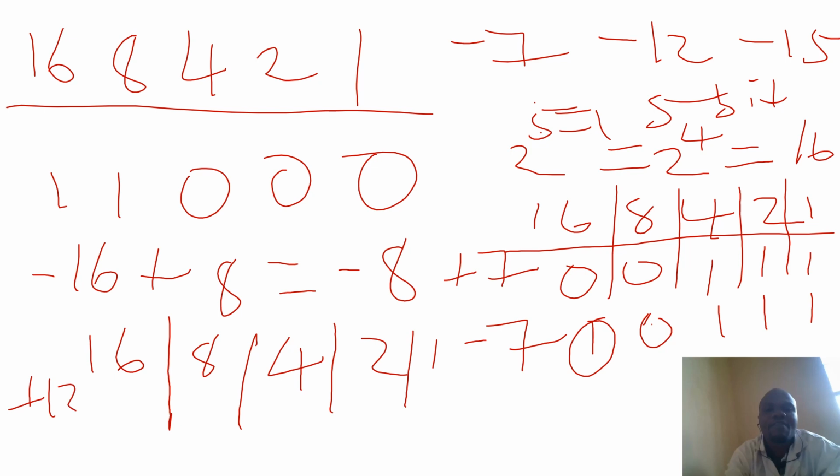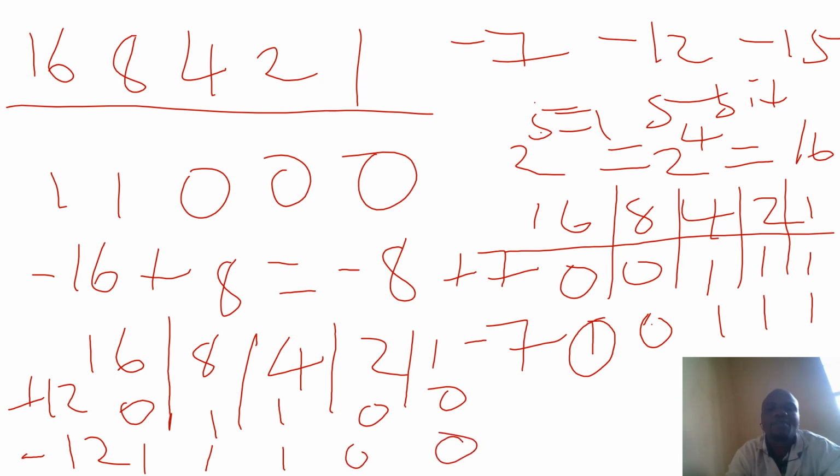We need to have 8 and 4. So here we have 1, 1, and here we have 0, 0. And the last one is a 0, of course, representing a positive. So the negative equivalent of it will be a 1, 0, 1, 1, 0, 0. And if you want to see if that one is true, you can test it.